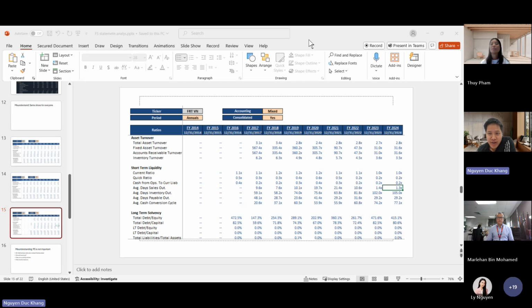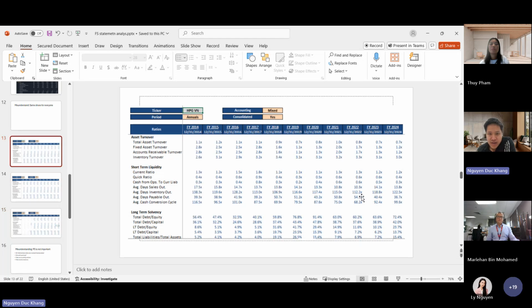Oh, it's a hard question, because we often say that what is presented on the financial statement is something that has already been done, so it will not reflect any change the company is making. For some companies, let's say I choose SPG, you can see their asset turnover is getting lower in recent years because they have invested a lot in capex.